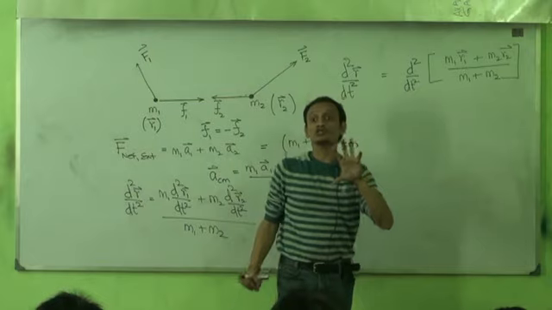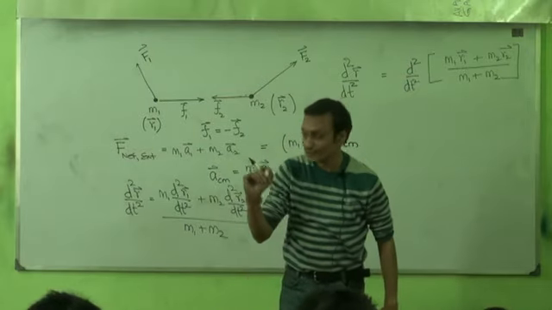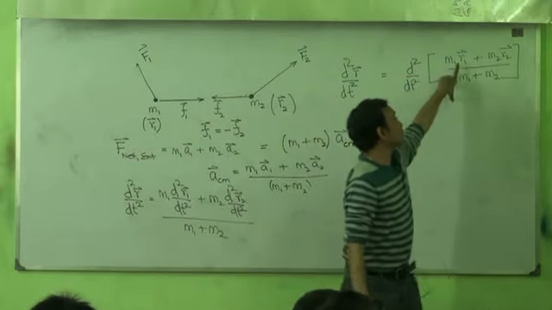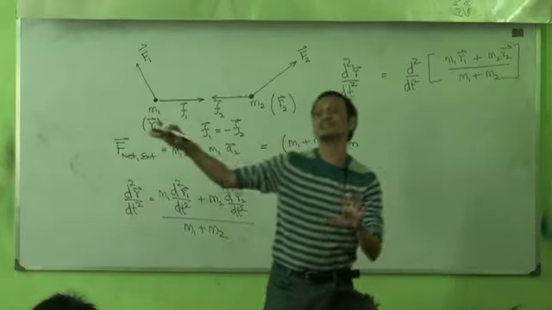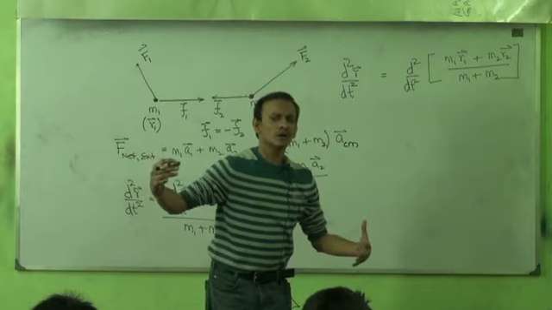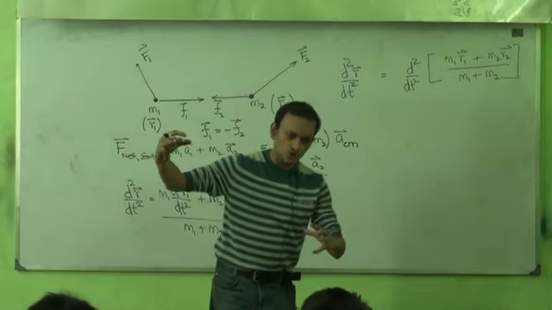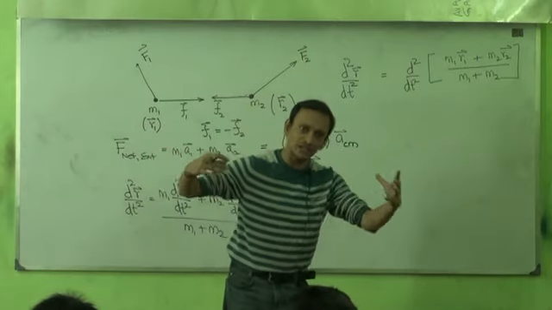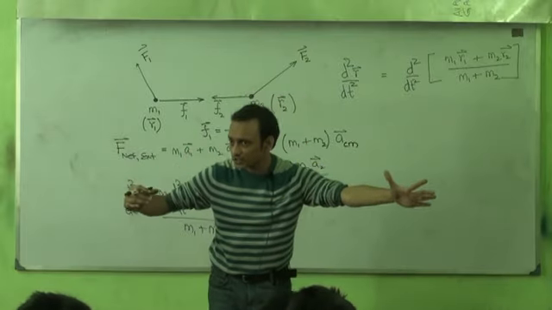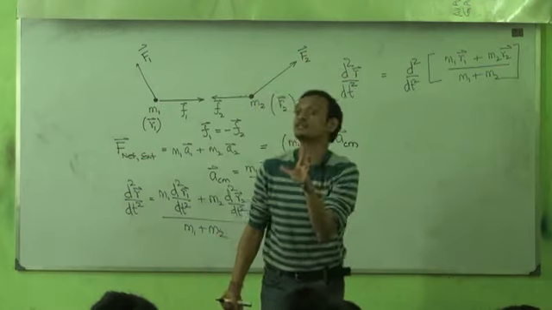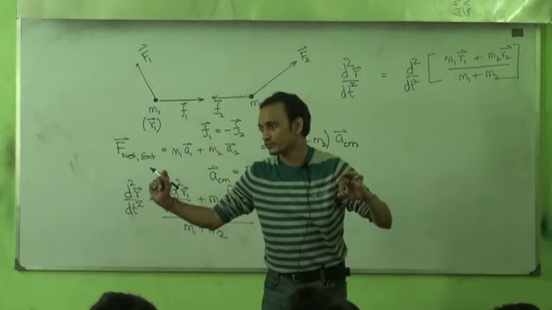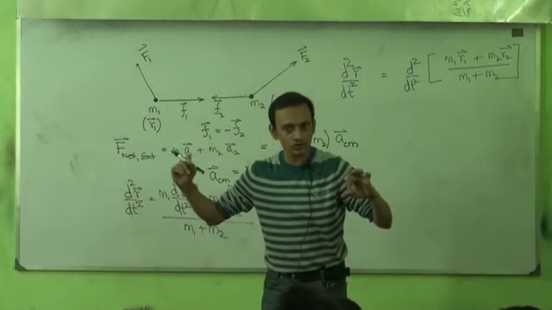This R is the position of that notional particle, the center of mass particle. r1 is the position vector of the mass m1, r2 is the position vector of the mass m2 at a certain instant of time. Both r1 and r2 will vary with time. So the position vector R of the center of mass will also in general vary with time. This R is referred to as the position vector of the center of mass of this pair m1 and m2.